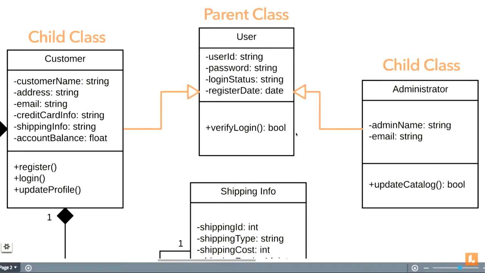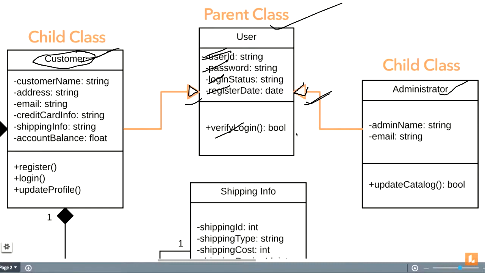Now let's see here. You can see there is inheritance here. How do we know? From this symbol. And both of these symbols are pointing to the User class. So this means that User is the parent class for Customer and for Administrator. This means a customer already has a user ID, password, login status, register date, and he will log in first.